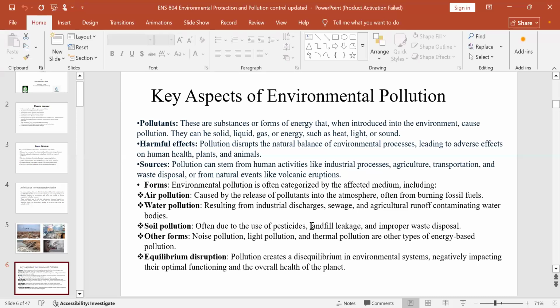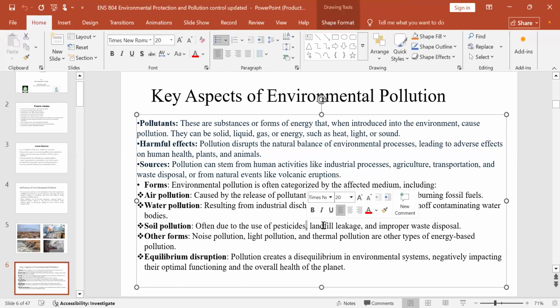So you have pesticides that are deposited, the residues of which are deposited on the water, on the soil, and landfill leakage. This is the seepage from waste dumps.